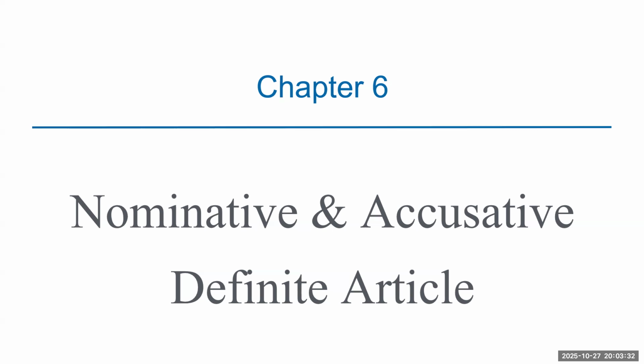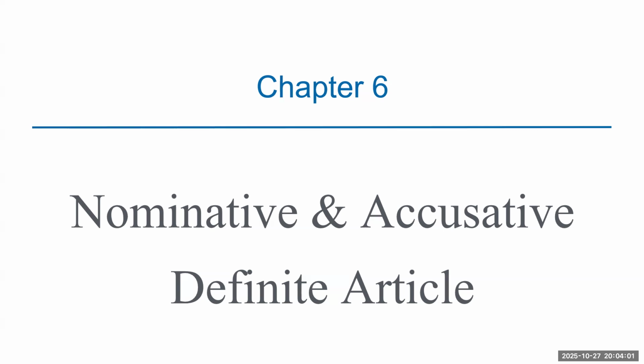A lot of the stuff I'm going to talk about in the beginning is not as important as the stuff we get to later, where we show you the actual case endings of nominative and accusative in the definite article. But this initial information is important so that you get your head wrapped around the why behind the what. So in chapter 6, we're going to cover nominative and accusative and the definite article.